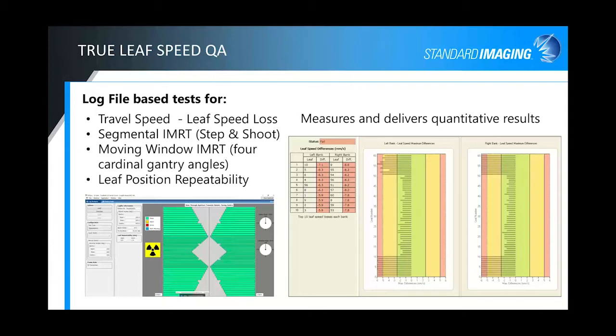This actually incorporates each individual leaf movement and gives you a result for those specific leaves. In this situation here, you can see on the results page each individual leaf of the left bank and the right bank, showing you those results, showing you movement of the inner leaves.